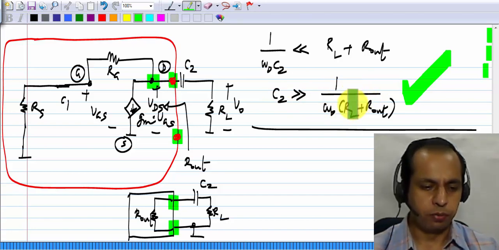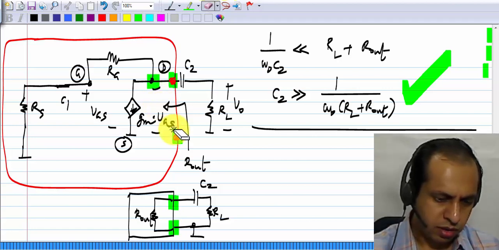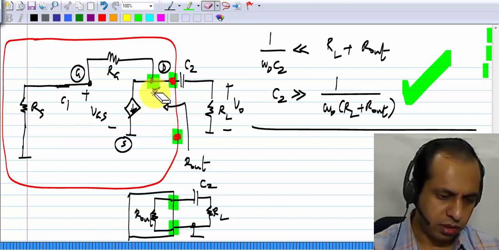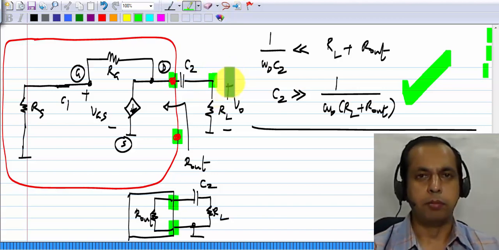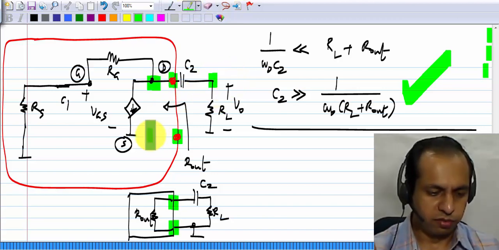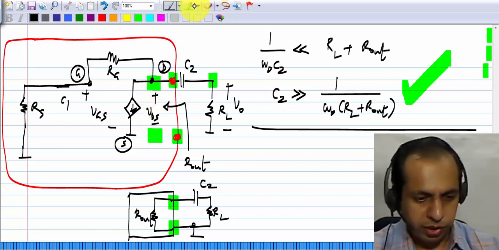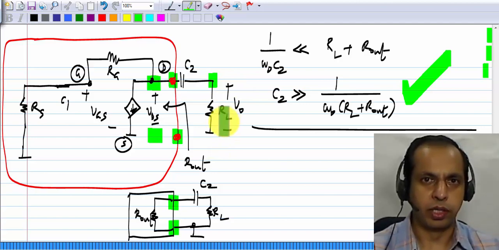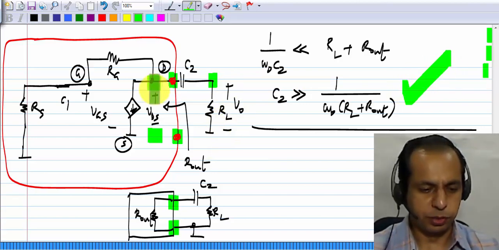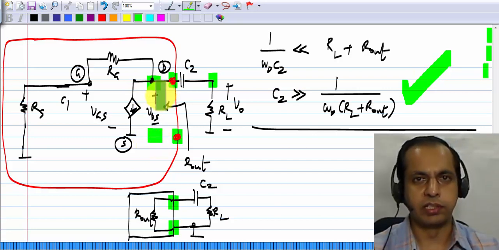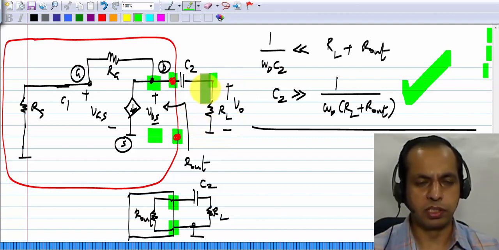Now we also discussed another possible constraint for capacitor C2. Many times we want the voltage VDS here to be the same as V0. Now, if this condition is not satisfied, under some circumstances, it's possible for this signal VDS across the drain source voltage to be substantially more than the output voltage V0.